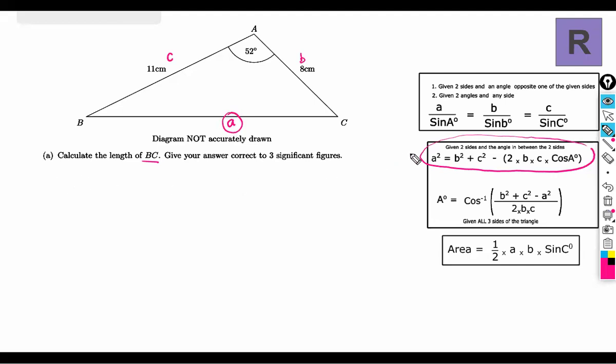It just so happens that the formula lines up with the exact letters here, and we're also trying to find A.